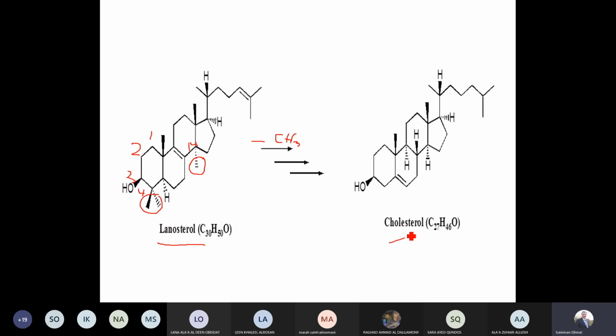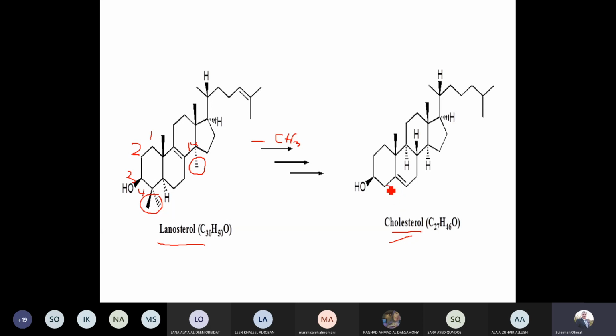So cholesterol is not a triterpene, it's a steroid. From lanosterol, by different steps, we get a steroid known as cholesterol.